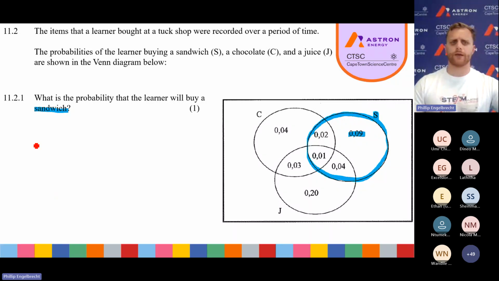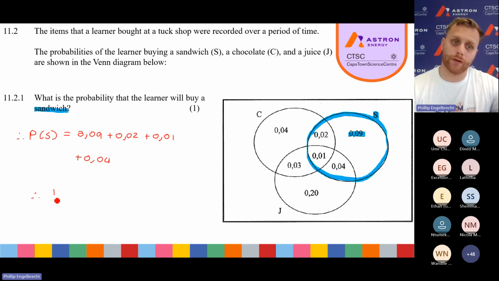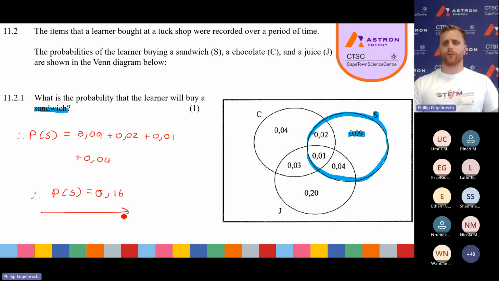So the probability of a sandwich is simply equal to 0.09 plus 0.02 plus 0.01 plus 0.04. You type that all on your calculator and you get 0.16. And Bob's your uncle, okay? There we go.